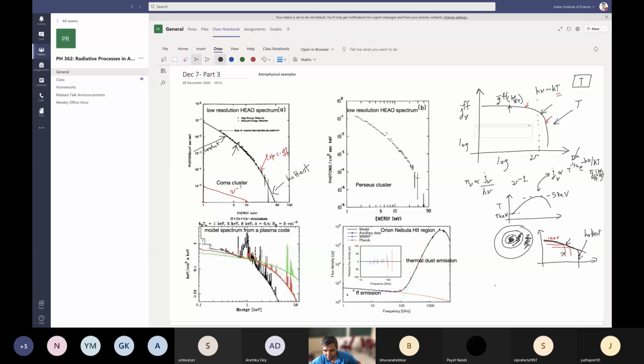So the spectrum that you will observe is basically J nu at a given temperature times volume of the plasma, or dV. So 1 by V dV, something like this. This is like a J nu from the whole volume, but temperature changes. So you have to add these up, and you can actually do it mathematically, right?